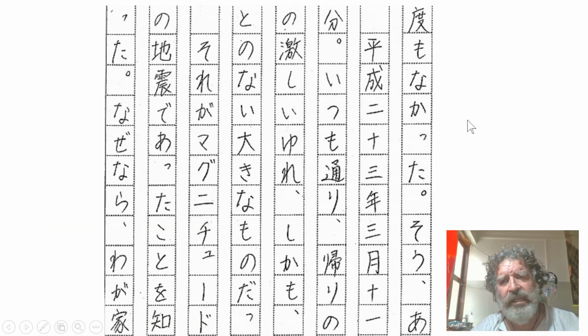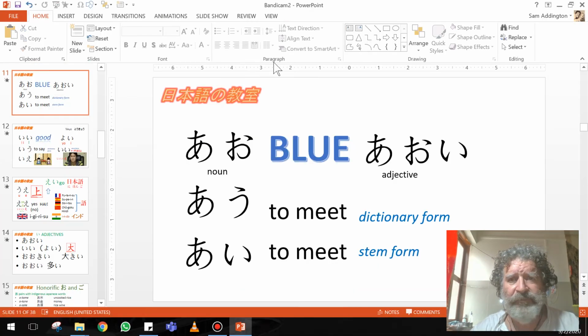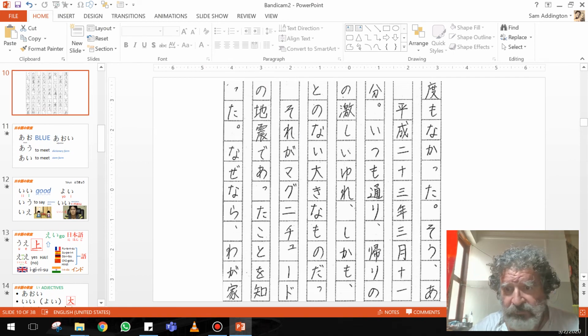Let's look at this. So here we have an example. We have a kanji here. We have a mo, na, ka, ta. There's something above there. It disappeared.